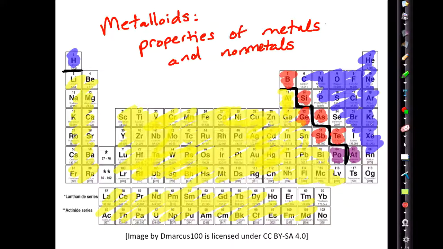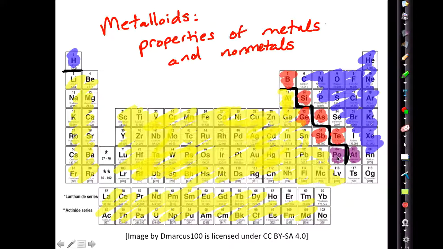So some people include astatine in that metalloid group, similar with polonium. Whether or not polonium is technically a metal or a metalloid, it's going to depend on the source. So we're really going to focus on those 6 here in red when we talk about metalloids. We'll treat astatine just as a nonmetal for all intents and purposes.